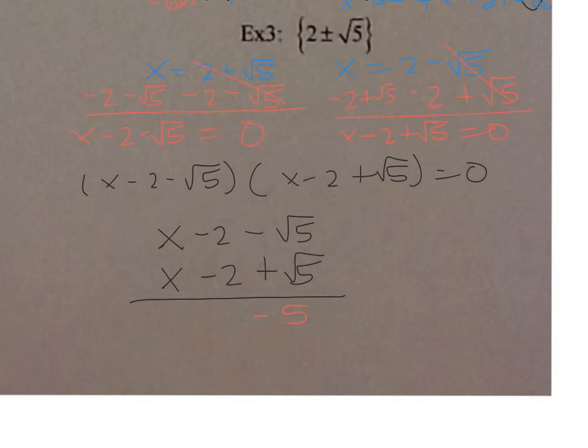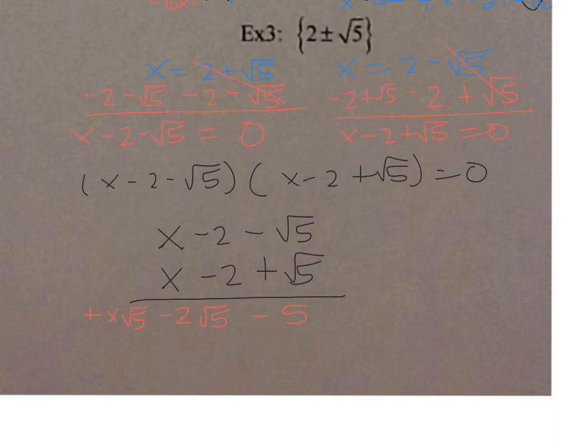Now I'm going to multiply the square root of 5 times negative 2, and that's going to give me negative 2 the square root of 5. Remember, you can't actually multiply them because one's a radical and one is not. Now we're going to multiply the square root of 5 times x, and that is going to give me a positive x the square root of 5.